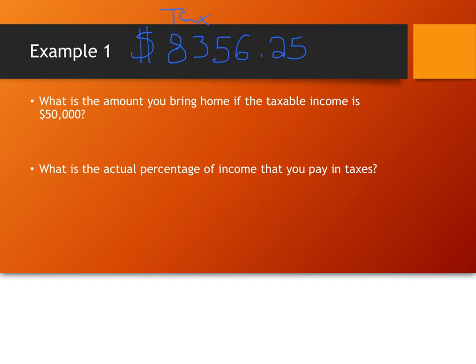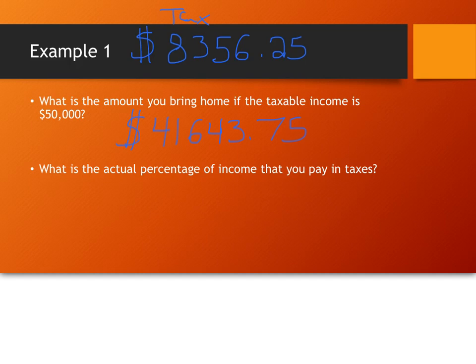So if you had a taxable income of $50,000, we just calculated that about $8,000 of that you're going to have to pay to the government. So what's the amount you're going to bring home? Again, we're going to assume that you bring home the entire remainder. Okay. So technically, you made $50,000, but you brought back $41,643.75. Okay.